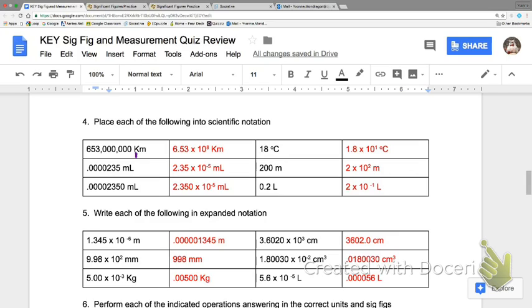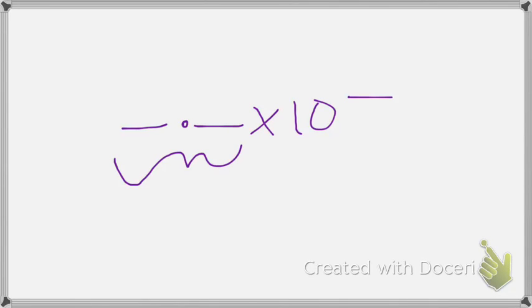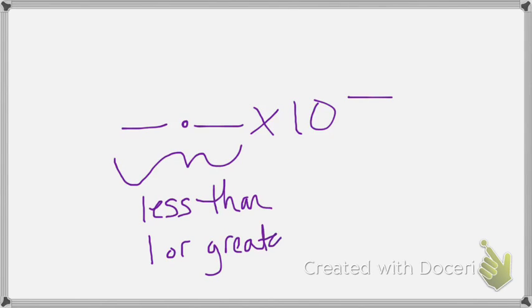When we write something in scientific notation, we have to follow a specific format. For something to be correct in scientific notation, we've got this template where this value here has to be a number that's less than 10, and it has to be 1 or greater. So we have values between 1 and 10, but it has to be less than 10.